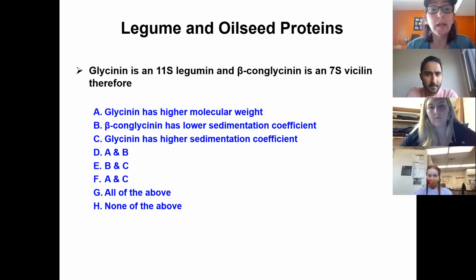If you have 11S versus 7S, would that mean that the fraction of the molecule or the polymer has higher molecular weight?